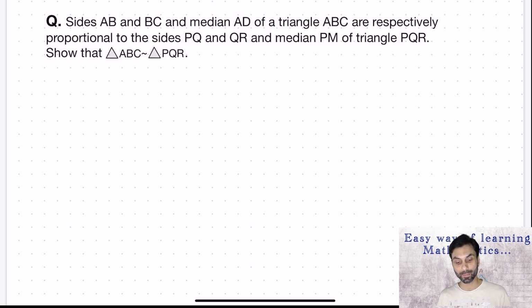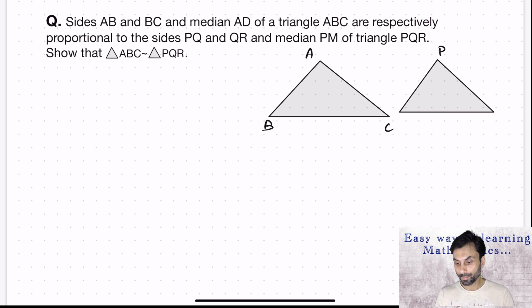Moving to the next question, which says that sides AB and BC and median AD of triangle ABC are respectively proportional to the sides PQ and QR and median PM of triangle PQR. Show that triangle ABC is similar to triangle PQR. So here we have two triangles ABC and PQR. Then we have AD as a median, and we also have triangle PQR where PM is a median.